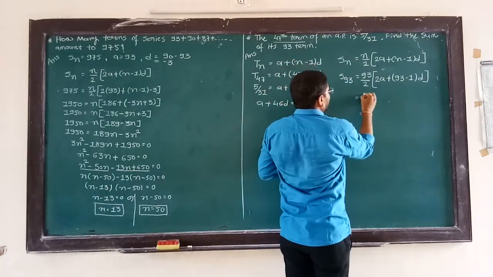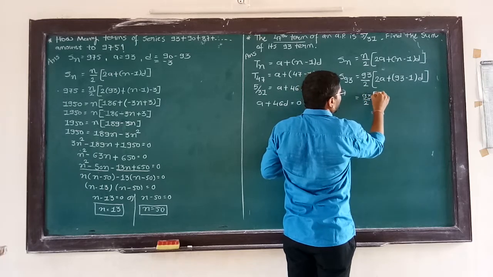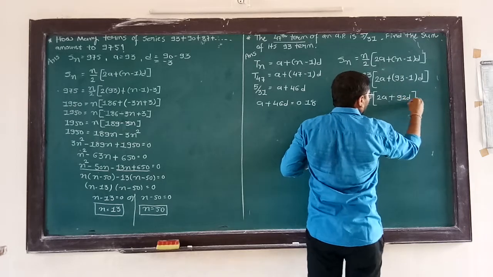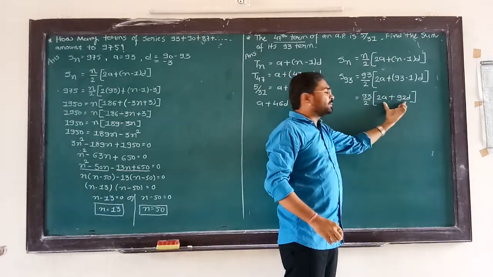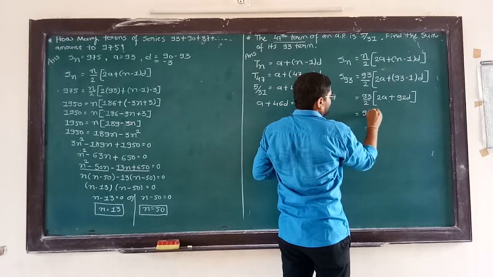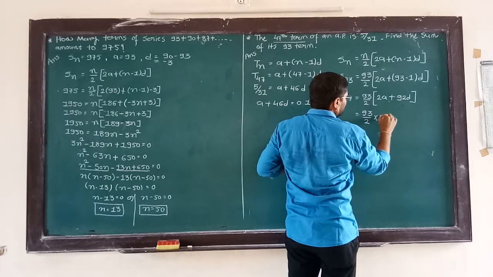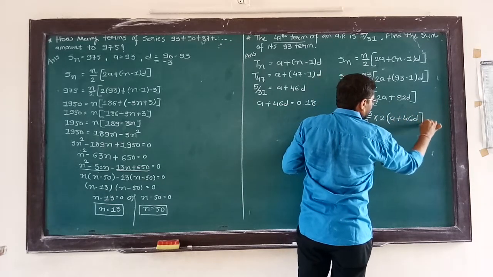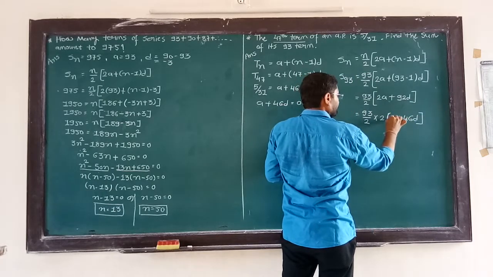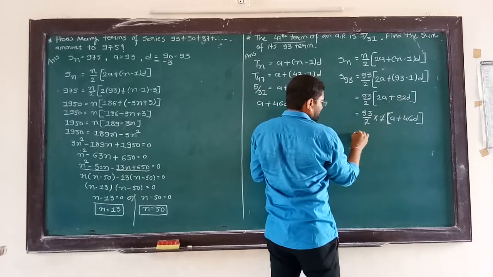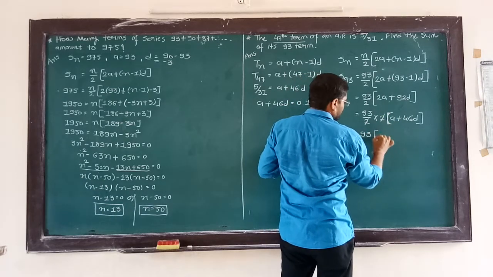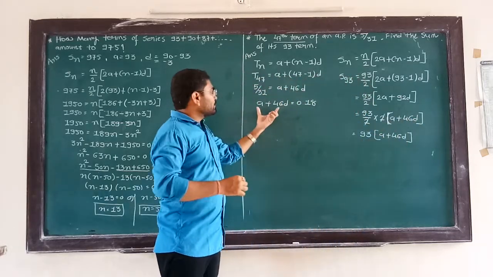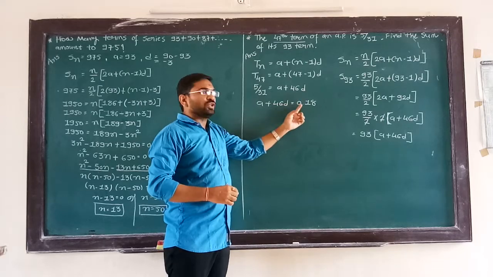Now 93 upon 2 into (2a plus 92d). See students, here 2 is common in this bracket: 93 upon 2 into 2 times (a plus 46d). Here 2 and 2 are cancelled: 93 times (a plus 46d).